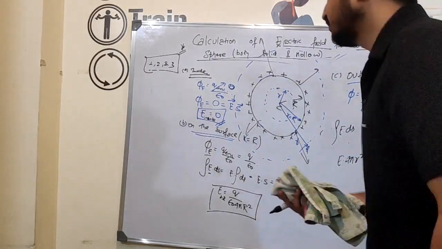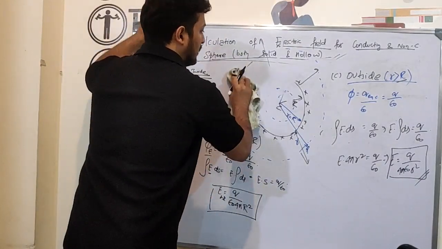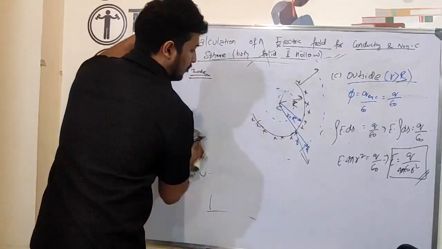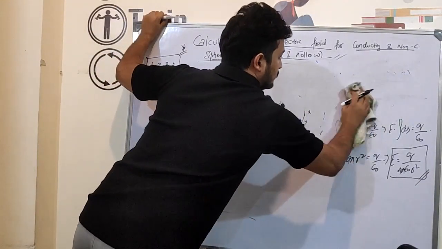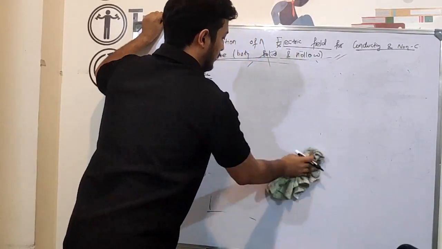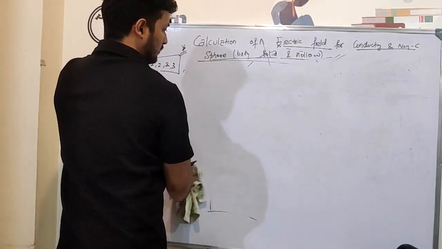Okay, let's just plot the graph. We have all these three values.